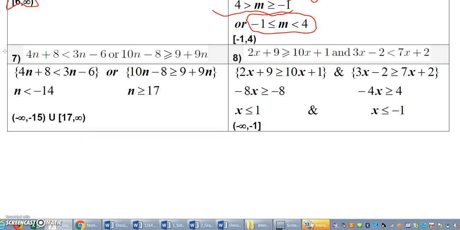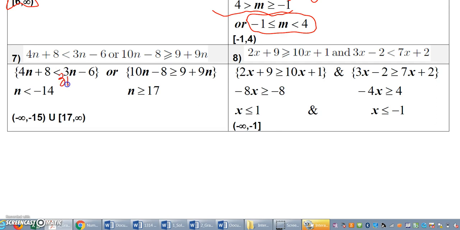Okay, this next one is an OR again, but we've got two inequalities here. Now I did this one in my head, so hopefully you can see what I did here. To solve this, all I did was subtract 3n from both sides.